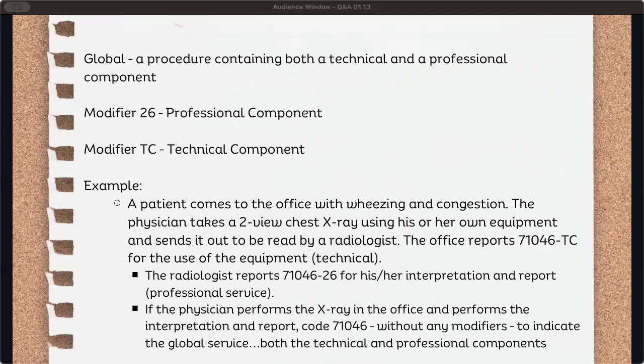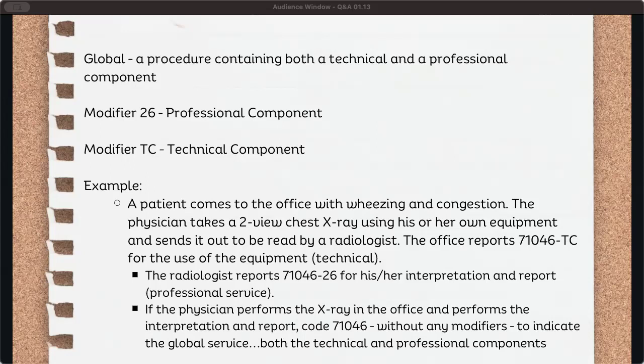Modifier 26 is going to indicate the professional component, and modifier TC will represent the technical component. The global procedure, however, is going to be reported with no modifier because it includes both the professional and technical component. So before we get into the example, let's talk about the difference between those two.